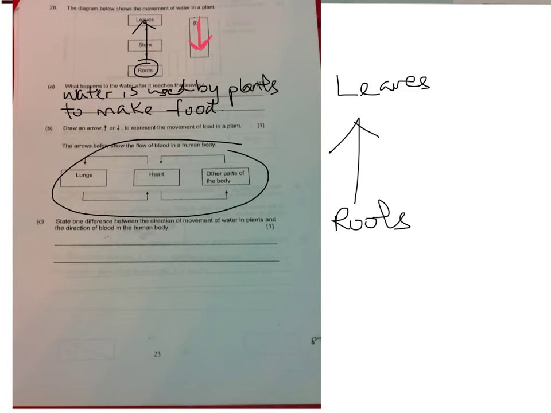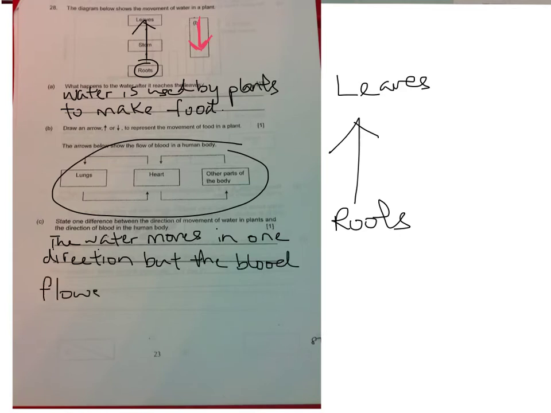So the one difference is, the water moves in one direction, but the blood flows in double direction. So this is the key difference.